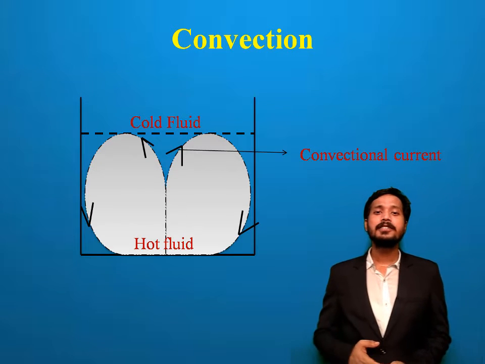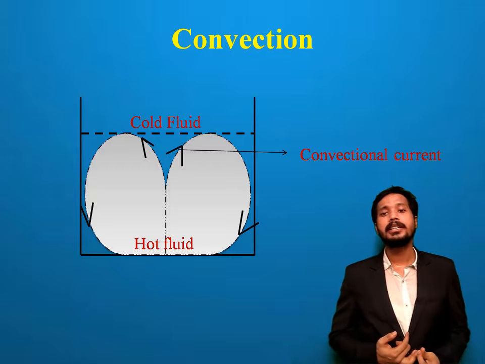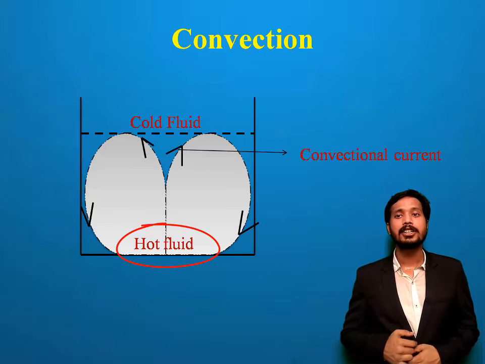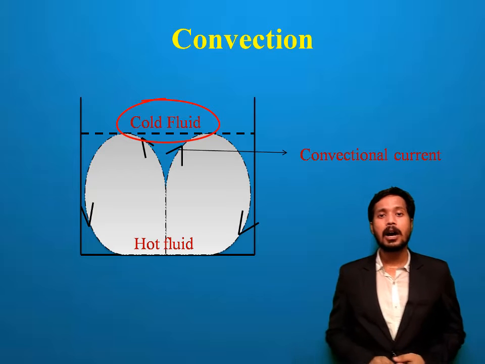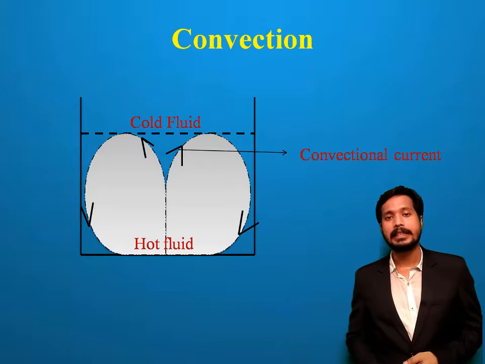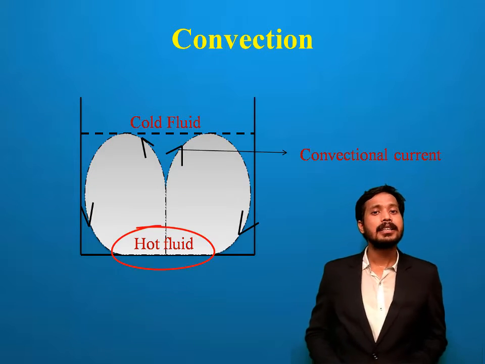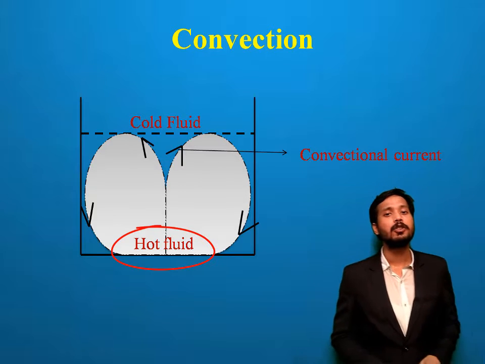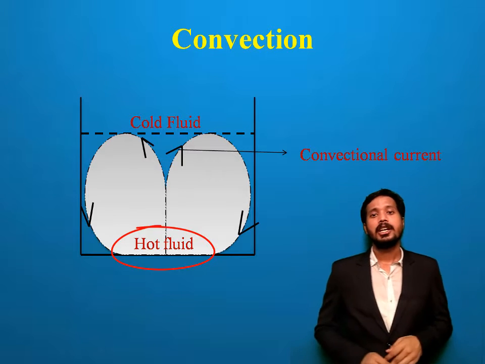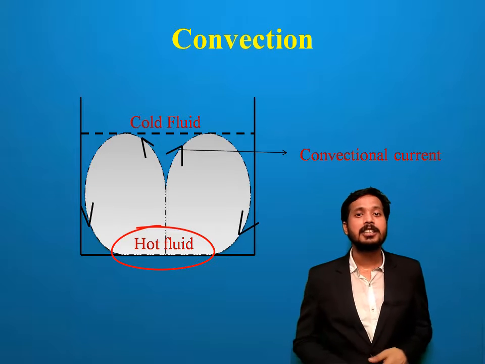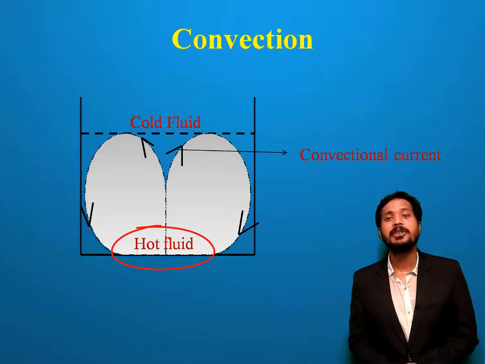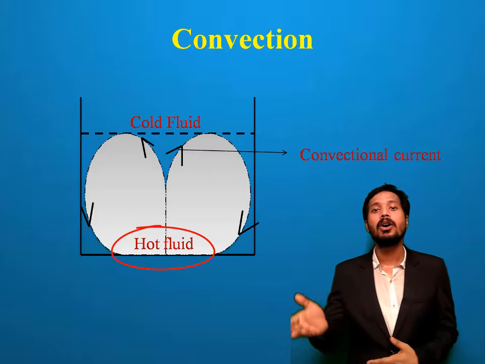Now in convection mode, the hot fluid is at the bottom, and the cold fluid is at the top. Now if the fluid is heated, we know that the density of the fluid will decrease. If the density decreases, it becomes light, lightweight. So if it is lightweight, it will go up.